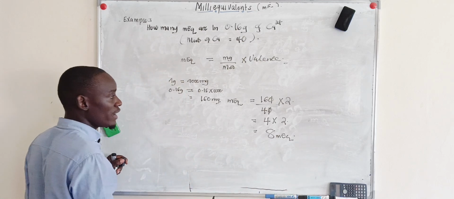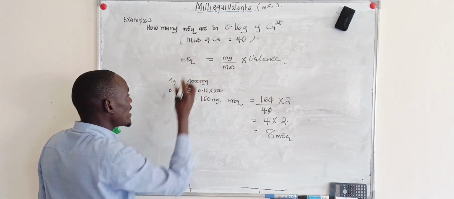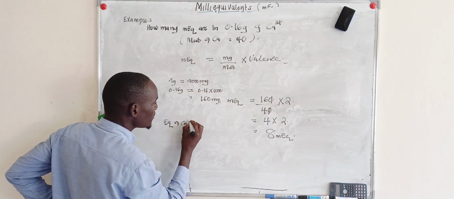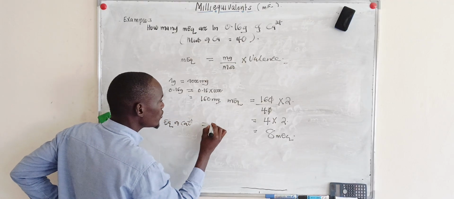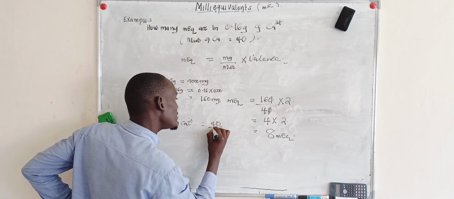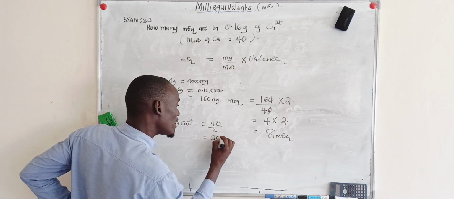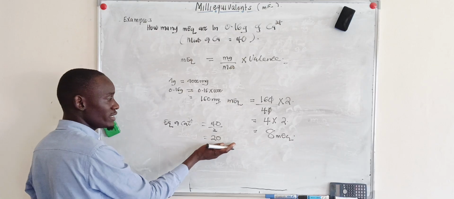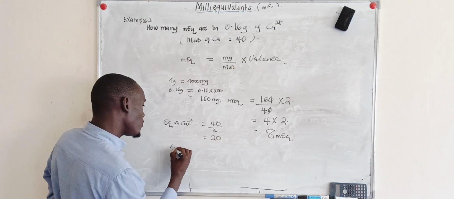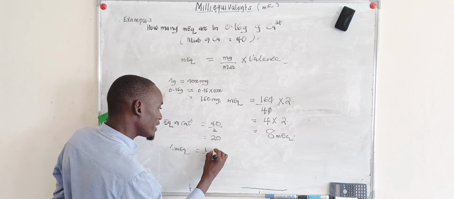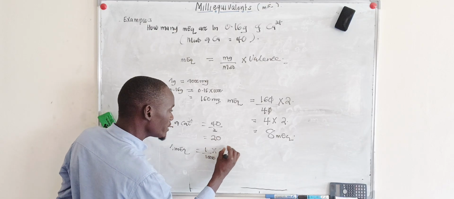We know that if we get the equivalent weight, for example, the equivalent weight of calcium ions will be 40 divided by 2, which is the valence. So we shall get our equivalent weight as 20. So we know that 1 milliequivalent is equal to 1 out of 1,000 times the equivalent weight, which is 20.